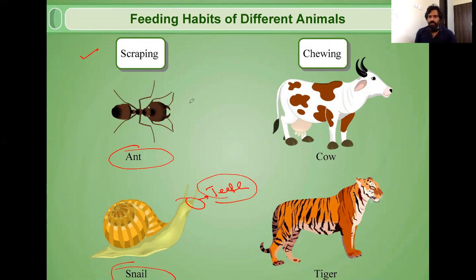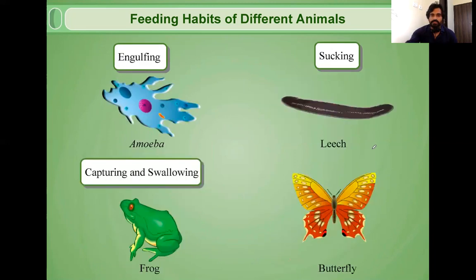Cow, I hope you know, they chew, right? A tiger also chews. Okay, cow and tiger, they chew. What about amoeba? Amoeba has a holozoic mode of nutrition. It engulfs everything, right? And a leech, if you have seen, sucks your blood, right?